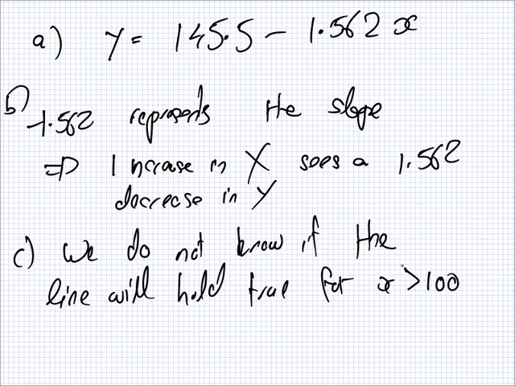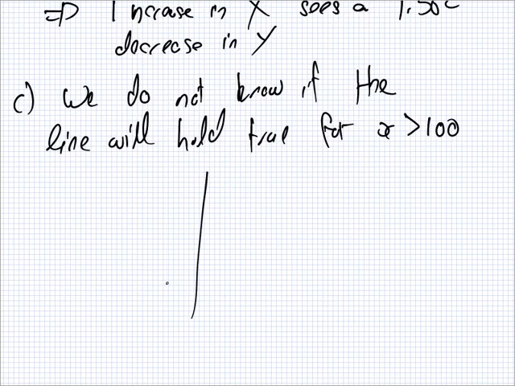We don't know what happens after 100. It's possible that the graph is actually like this, and it only looks straight. Or it's possible that it actually becomes very negative. We just don't know the behavior, so we can't really say.